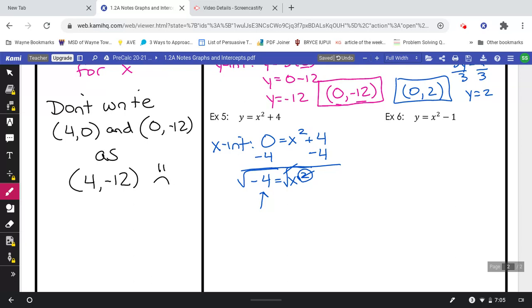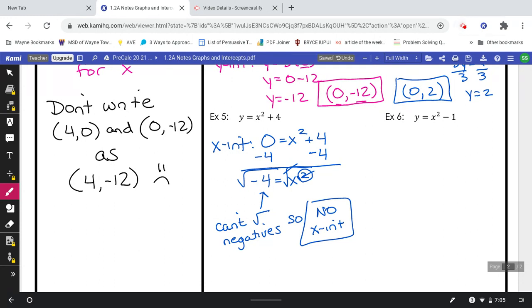And there is no number that if you multiply it by itself, it will get you negative 4. If you try to type it into your calculator, it will give you an error message. So you can't square root negatives. So for this one, there is no x-intercept.